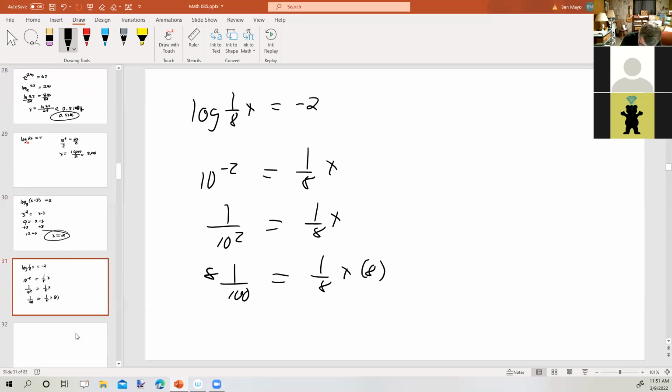Multiply both sides by 8. 8 over 100 equals x. We could divide the top and the bottom by 4 and have 2/25. Or as a decimal, 0.08 if we used our calculator. All right, any questions there?